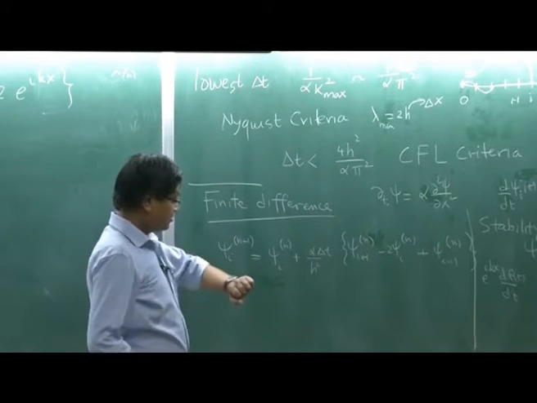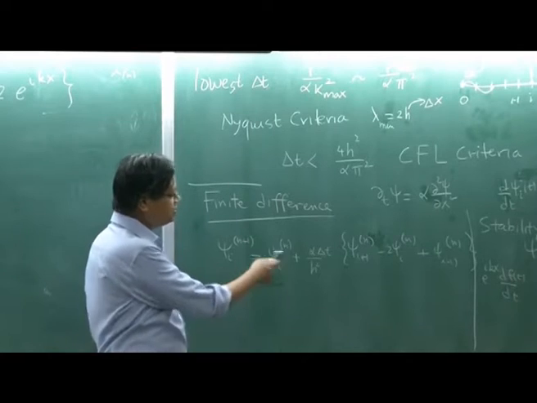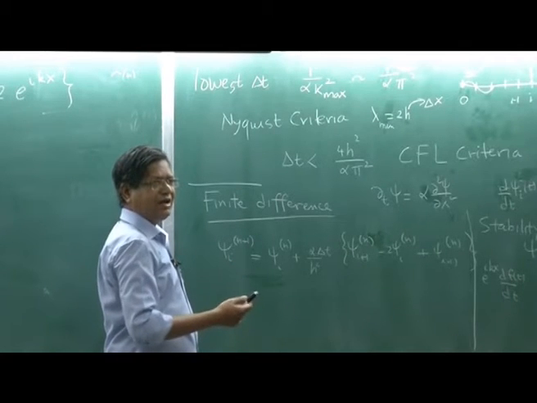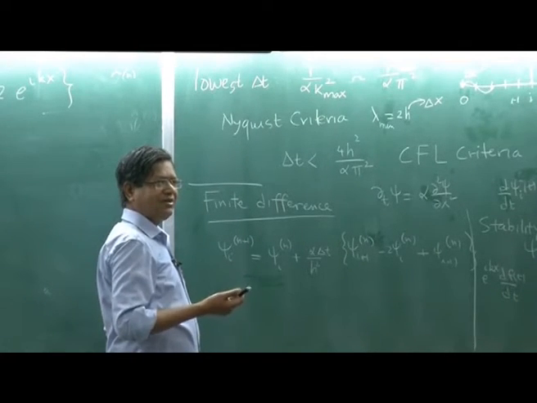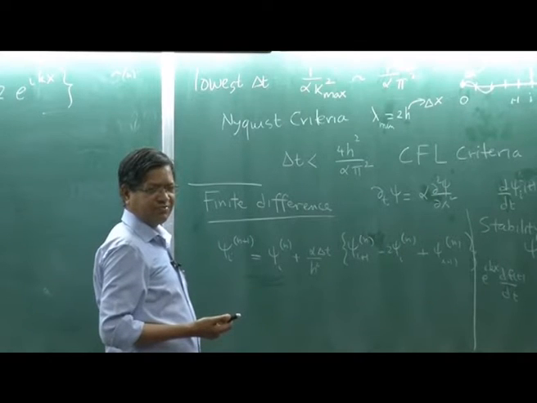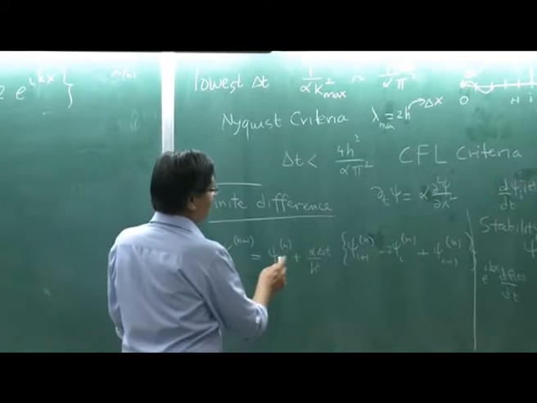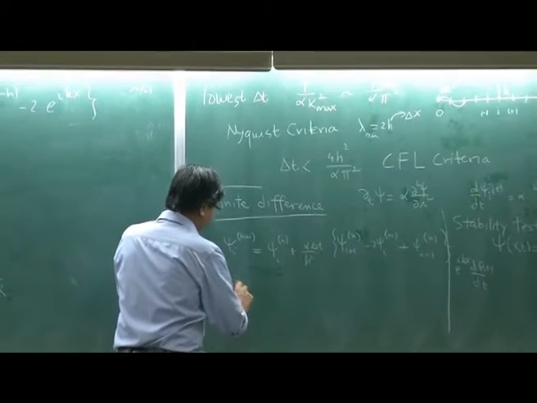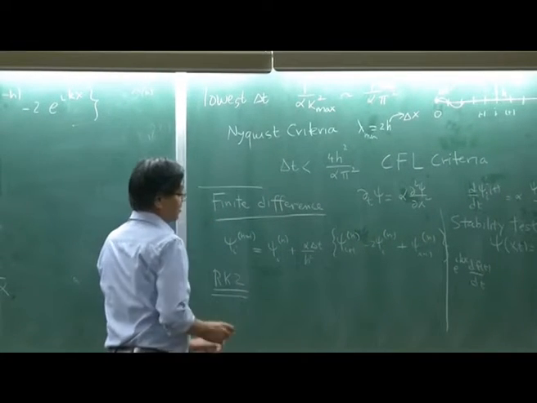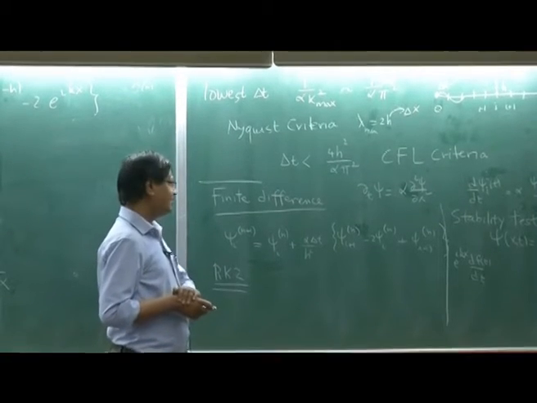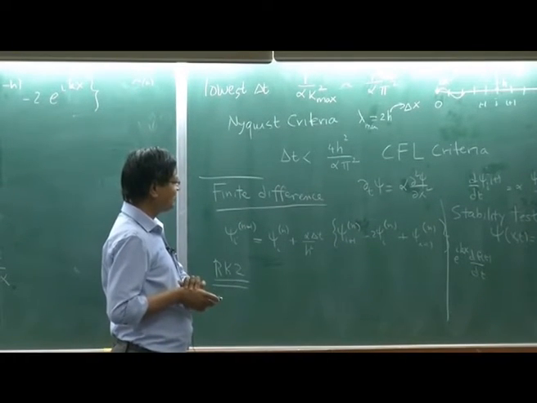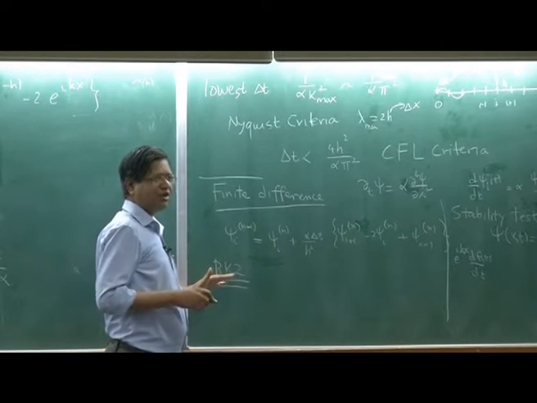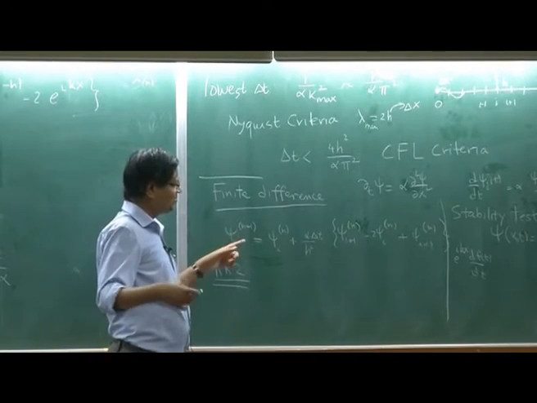I will not recommend that you use this scheme. I would say that you use Runge-Kutta second order. So we want to solve this equation, so I can use Runge-Kutta 2. There are complicated issues, but let's first do Runge-Kutta second order, then I will also tell you that you can do some more clever ways.